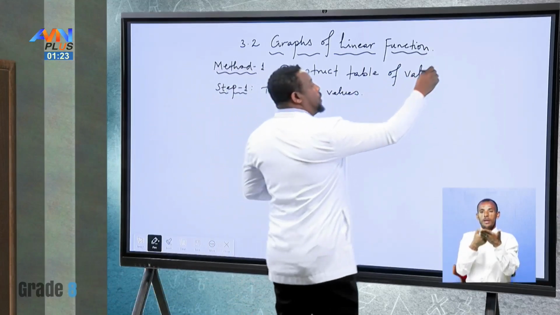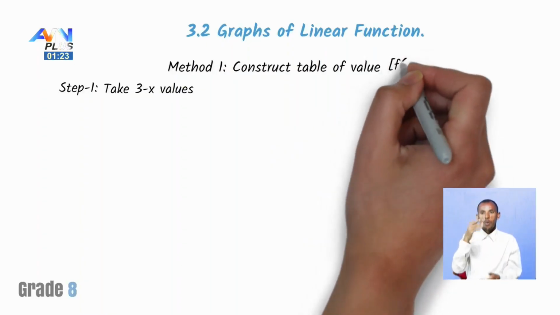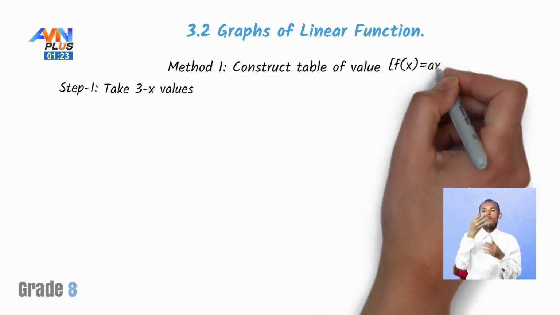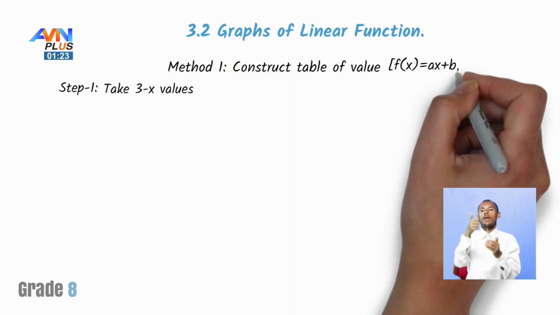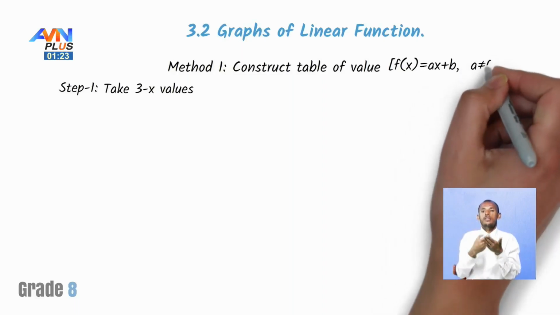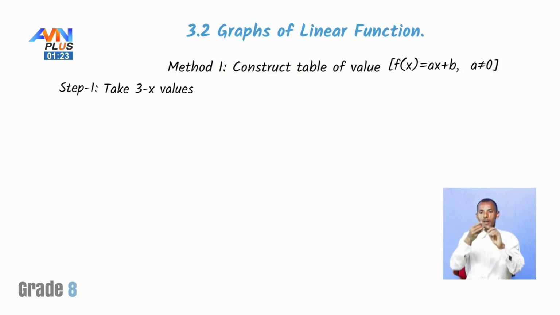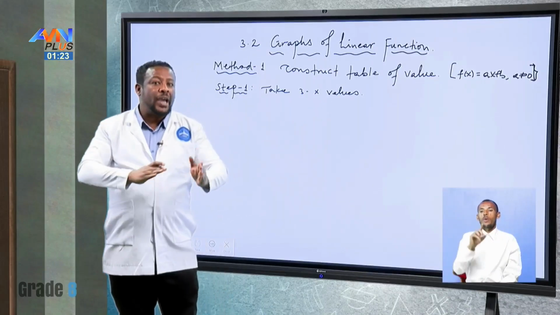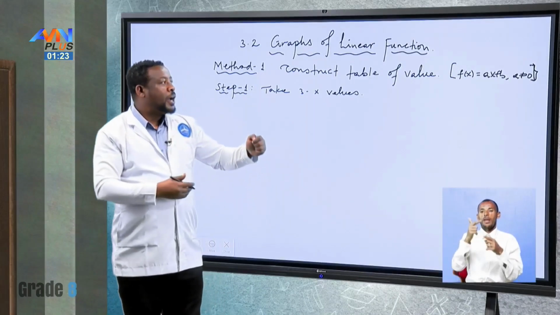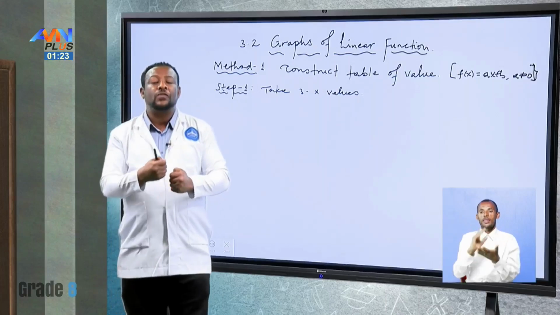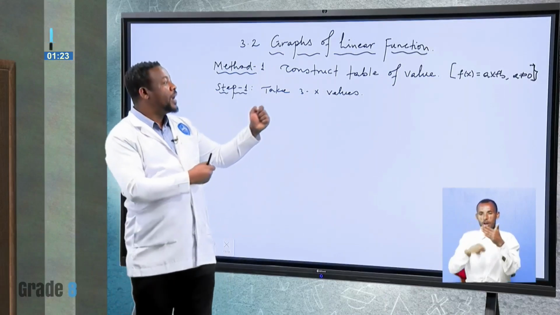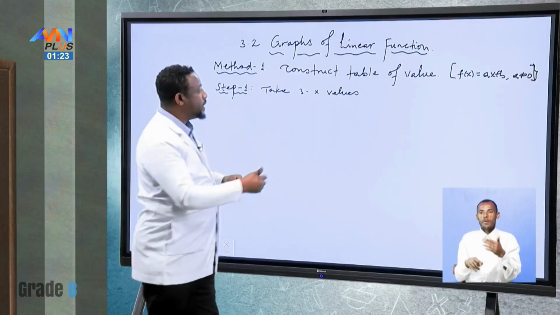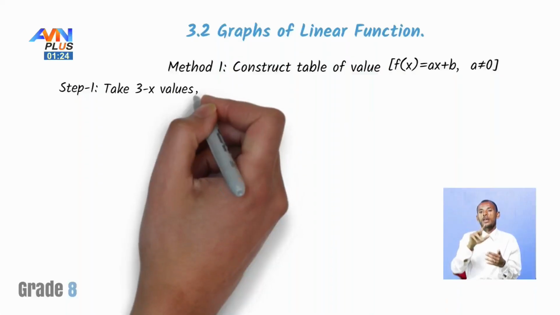Here, you need to know what a linear function looks like. A linear function is f(x) = ax + b, where a is a constant number different from 0, right? So once we have a linear function, we can take 3 different x values and obtain the corresponding y values.